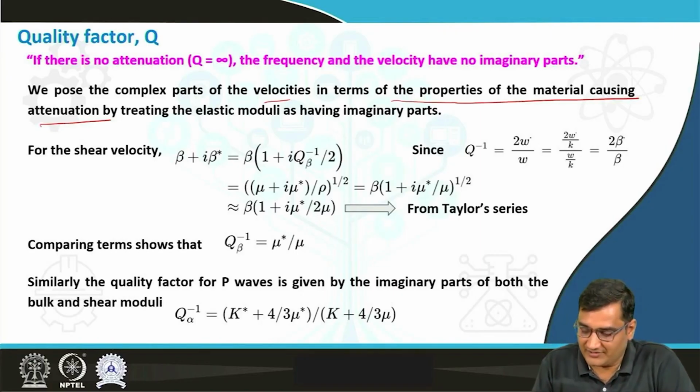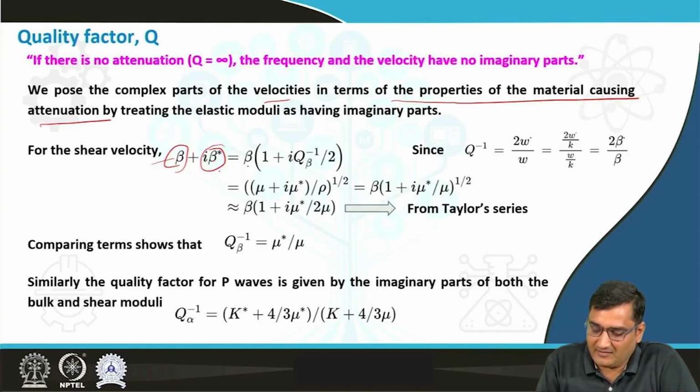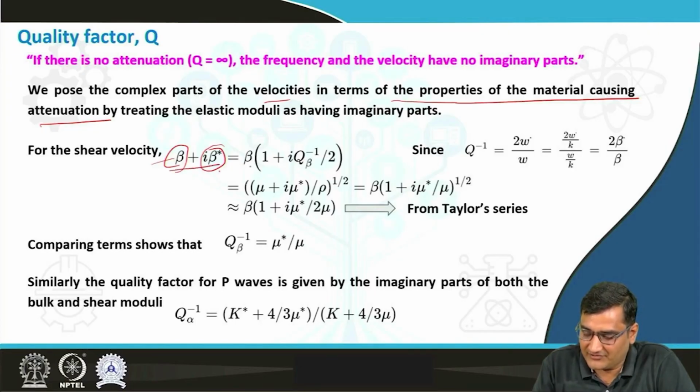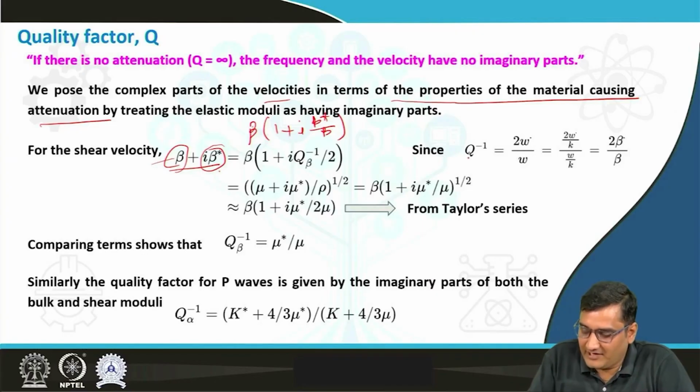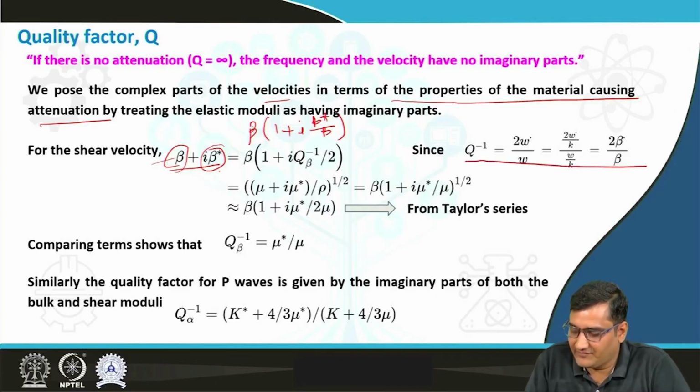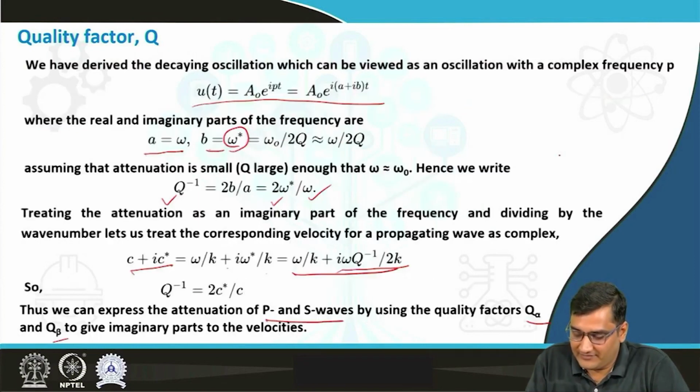So for shear wave velocity, we can write the velocity having a real part and also an imaginary part, that is beta star. We can write this as, if we take beta common from this expression, beta in brackets 1 plus iota beta star by beta. And this beta star by beta can be found from this expression, since we know Q inverse is equal to 2 omega star by omega, as we have seen in my previous slide.